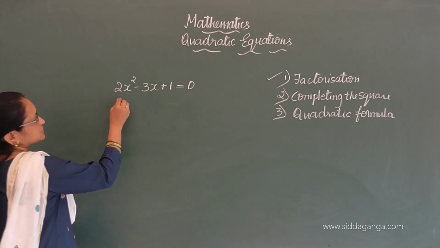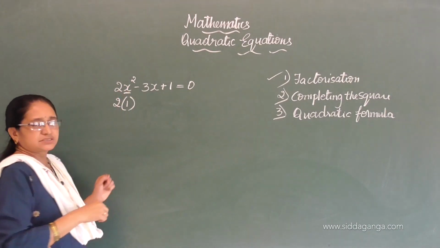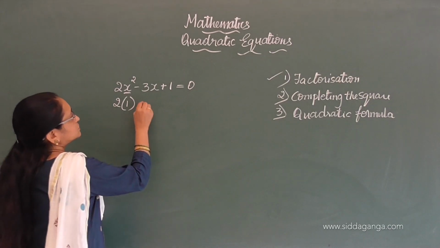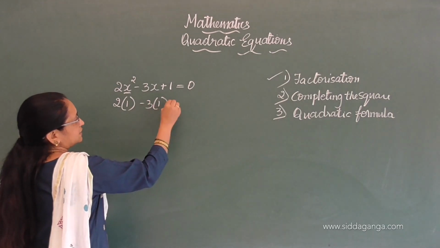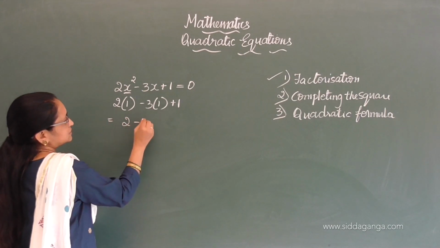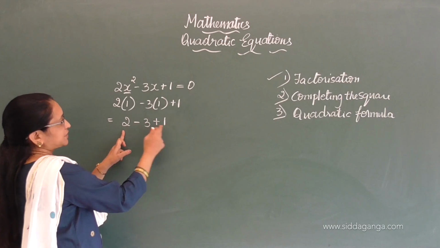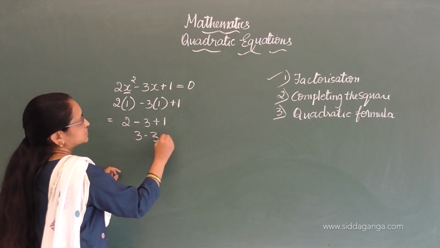Now suppose I put 1 instead of x. So what you will get, 2 minus 3 plus 1. So 2 plus 1 is 3, 3 minus 3 is 0.